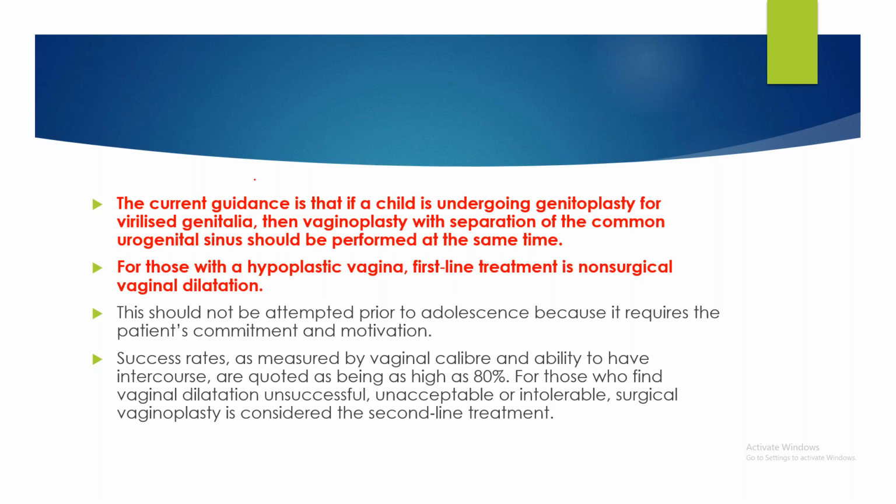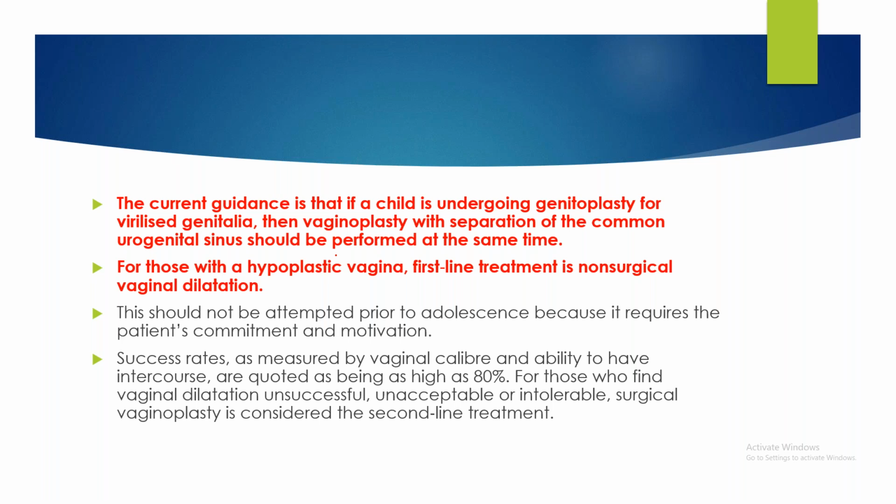So remember well, if virilized genitalia are there, then genitoplasty should be done in childhood and separation of the urethral and vaginal openings should be done. But for only a hypoplastic vagina, as you see in complete androgen insensitivity syndrome, first line treatment is non-surgical vaginal dilatation, and this should not be done prior to adolescence because it requires the patient's commitment and motivation.